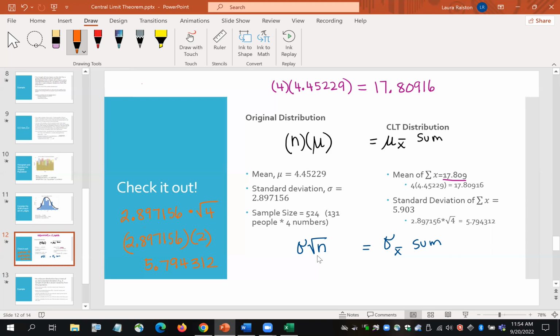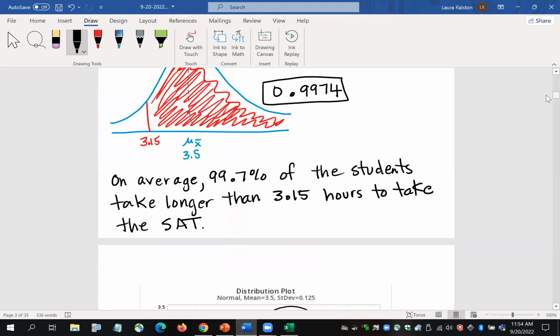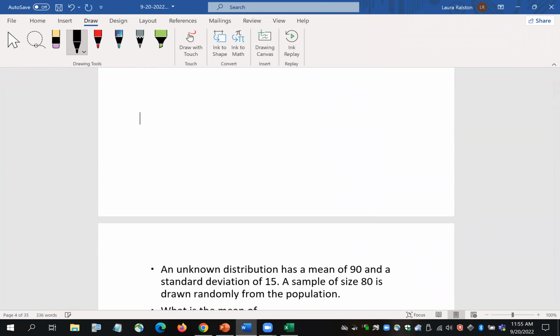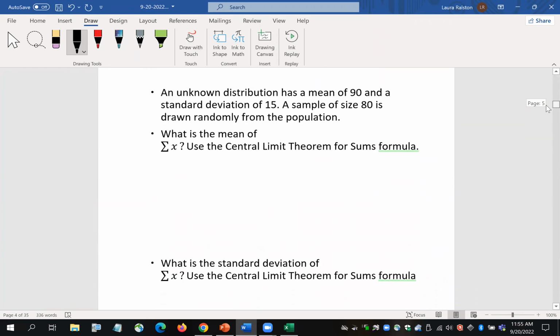It's the same concept. It's a matter of whether you're using the mean or the sum. The whole idea is it's forcing the distribution to be normal, and so then we can solve problems using our normal distribution. So let's look at some of these examples. We've got about 20 minutes.